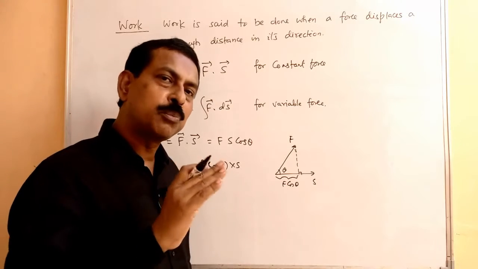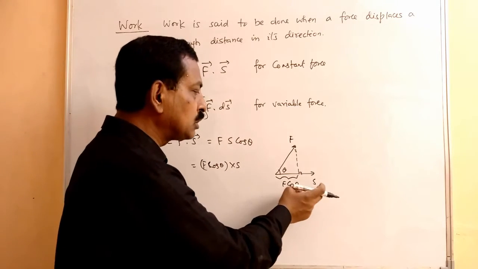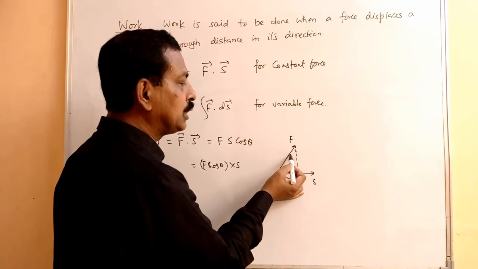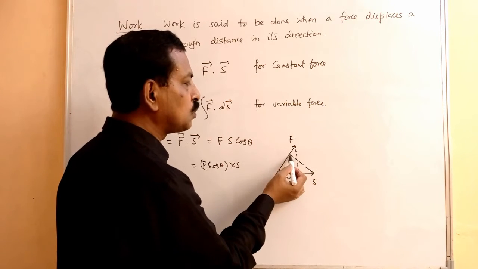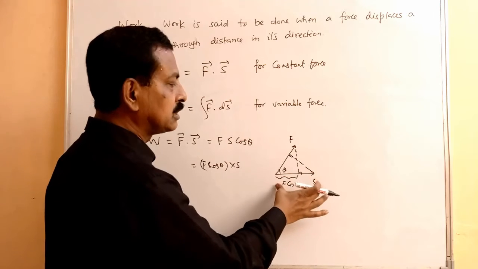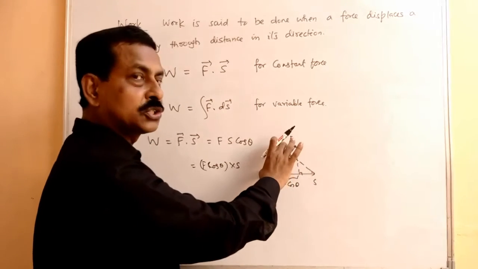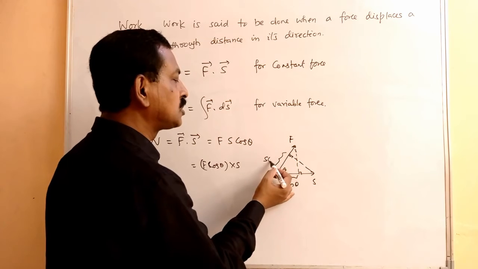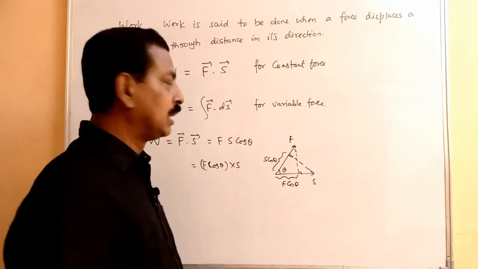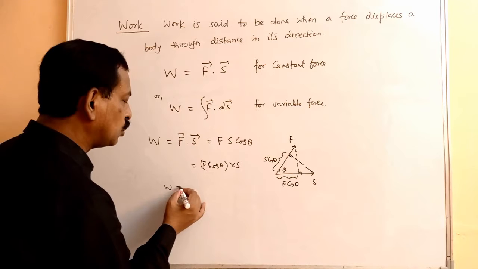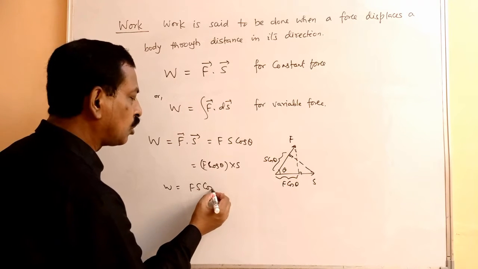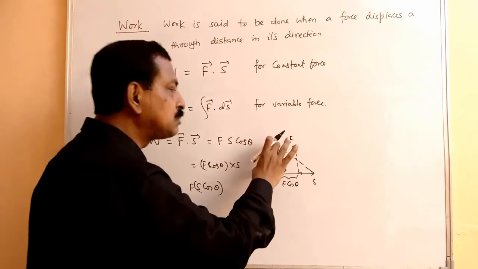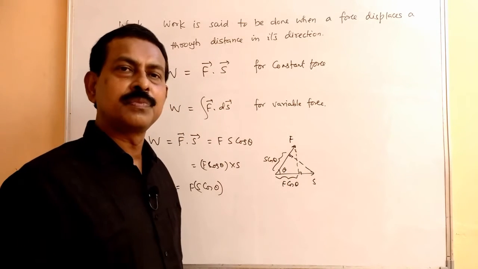So it is basically the product of the two, component of force in the direction of displacement. Or what we can do, we can drop perpendicular even from this one, that is S on the direction of force. So this term will be your S cos theta. So if you consider this W, which was your Fs cos theta, that means this is now the component of the displacement in the direction of force.